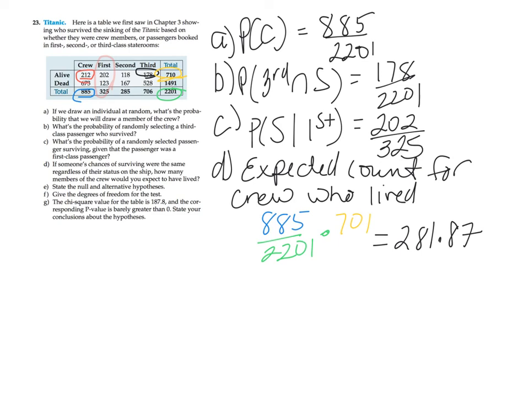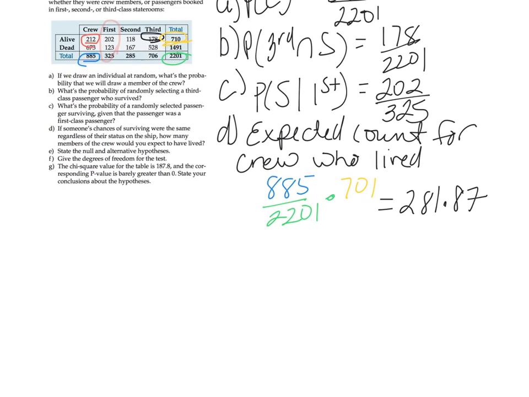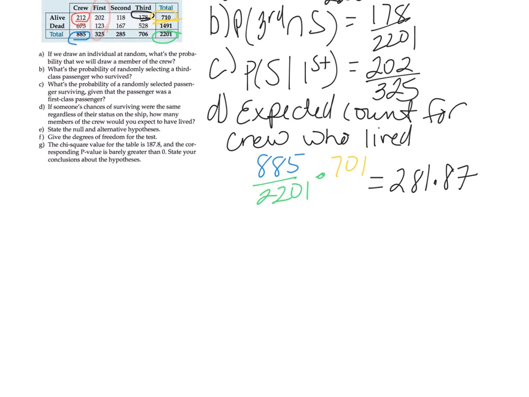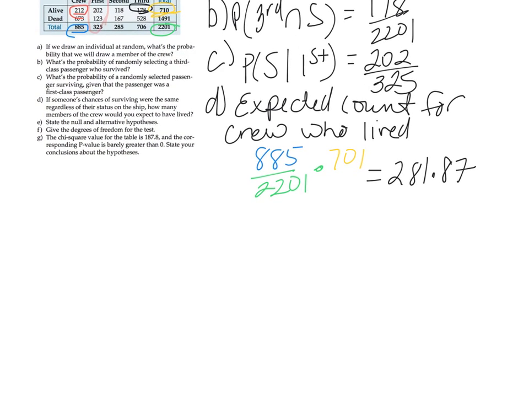State the null and alternative hypotheses. So I'm going to move this writing up now for a minute. My H0 is survival was independent of class on the ship.